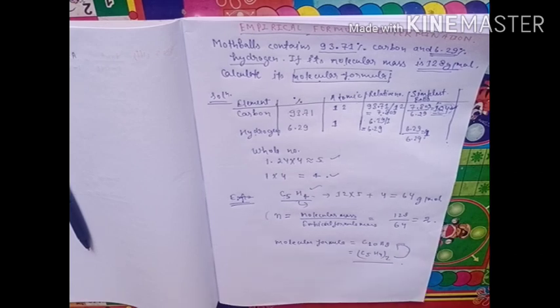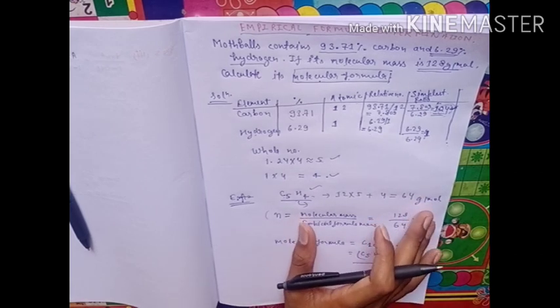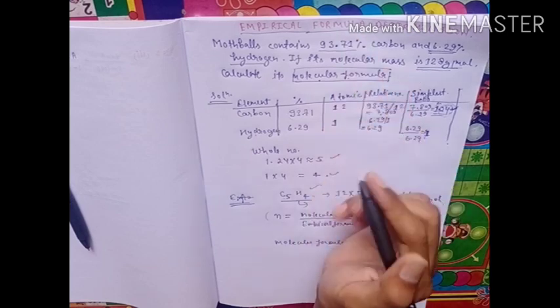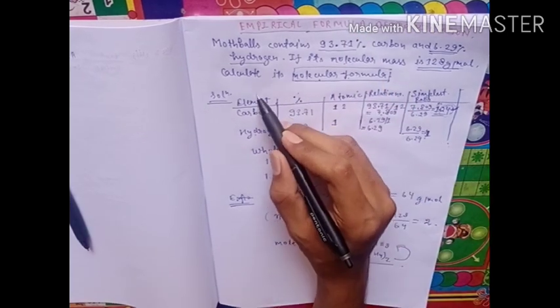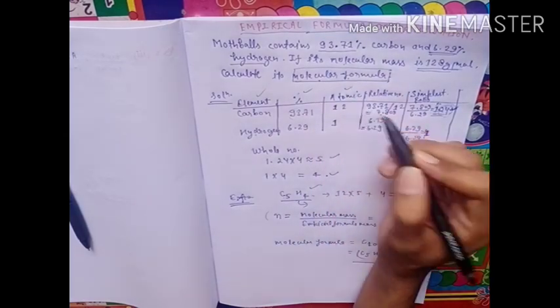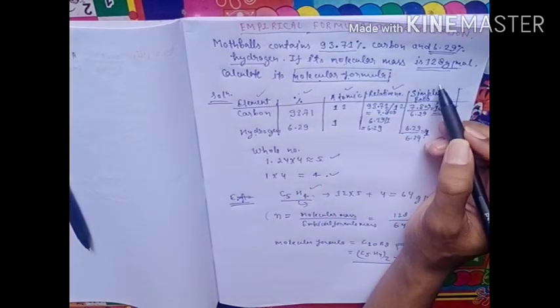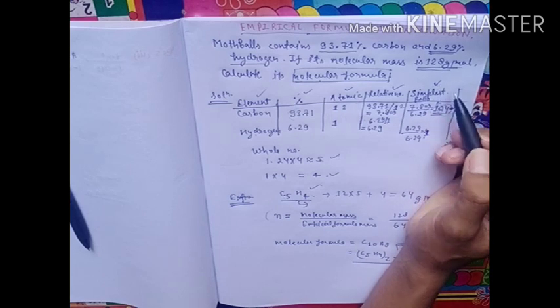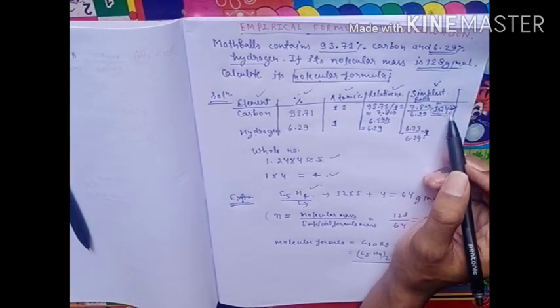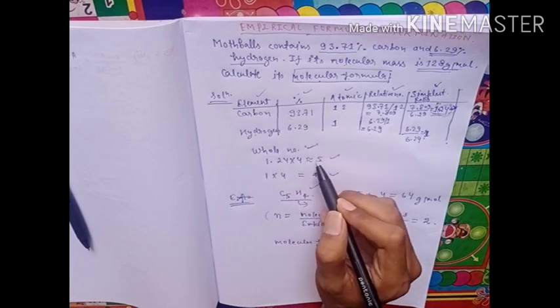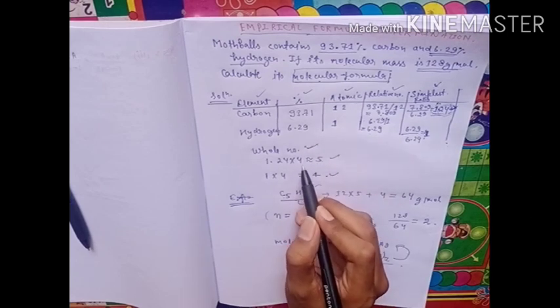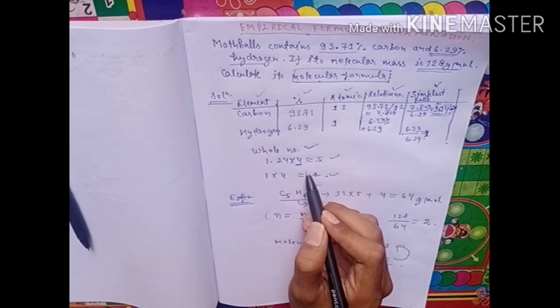So this is done. This is how we calculate the empirical formula, and keep the steps in your mind. First you have to write the element, then the percentage, then their atomic mass, then the relative number, and thereafter the simplest ratio. The simplest ratio may be in decimals, so you have to convert it to whole numbers by multiplying with some integer.